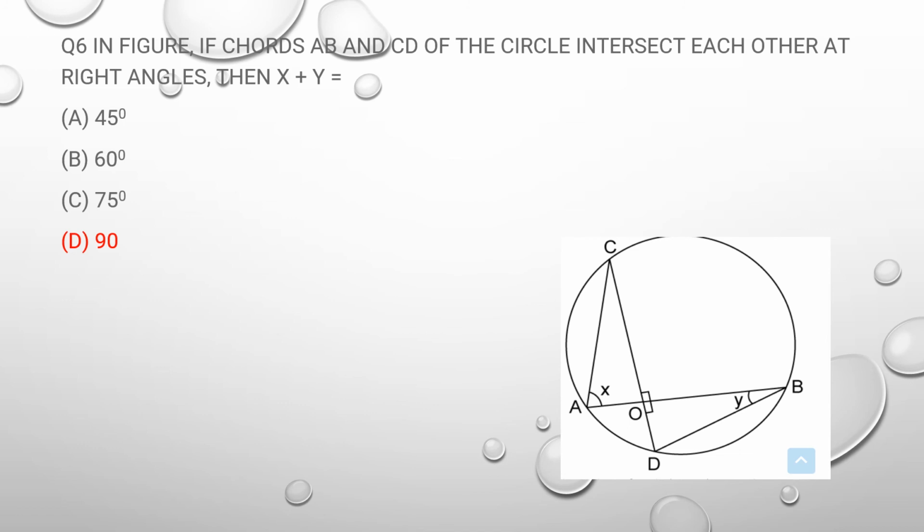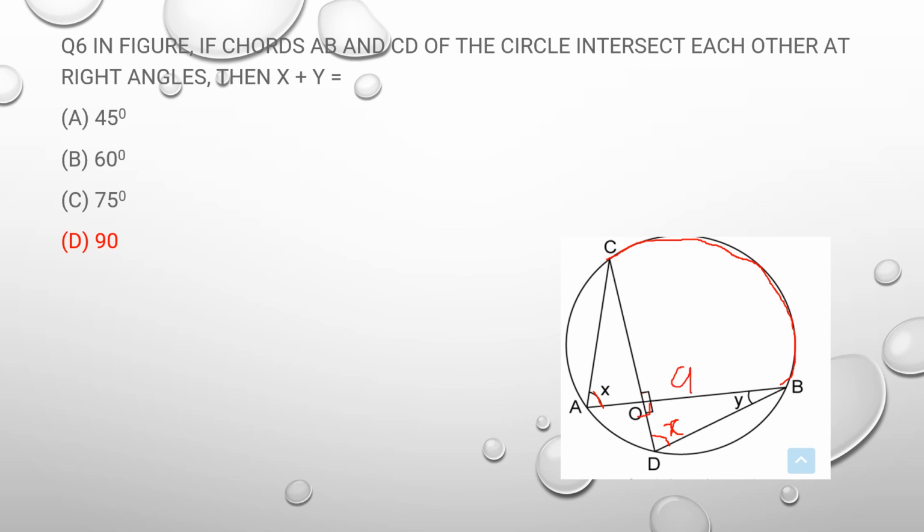Next we have, in figure, if chords AB and CD intersect each other at right angle, then find the value of x plus y. Okay, so if this is x, you can observe this must also be x, because these are the angles in the same segment made by the arc CB. So these must be of equal measure, and this is given to you as 90-degree.